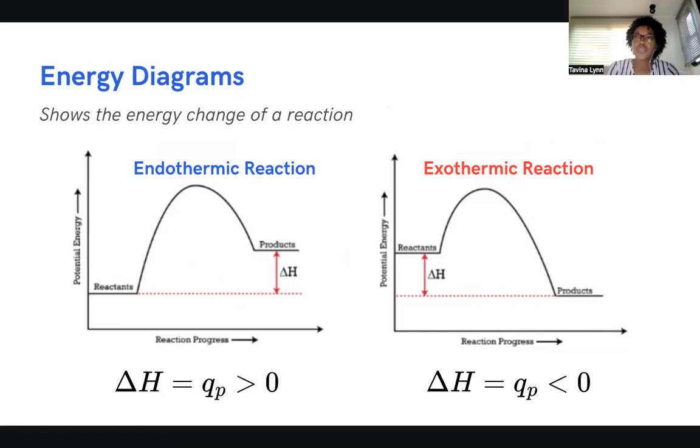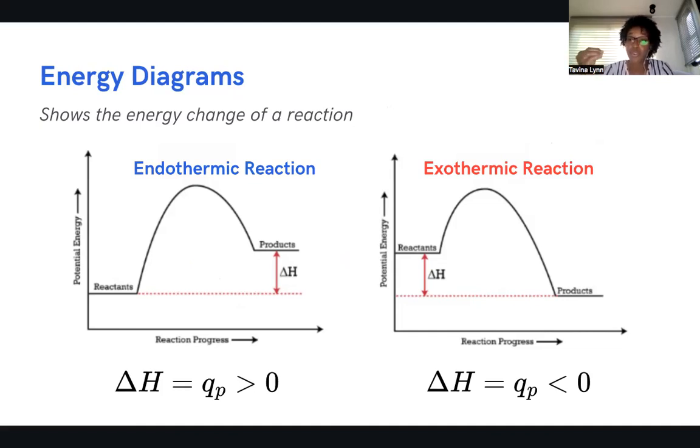I don't know that we'll actually do that; we won't use our sense of touch for any of our lab experiments. But I do want you to know intuitively or conceptually that if I describe a reaction to you, you should be able to identify that it is endothermic or exothermic, and therefore that it will feel hot or cold to touch. The other way we will know is that we can experimentally measure the change in the internal energy of the system under constant pressure conditions to give us enthalpy.